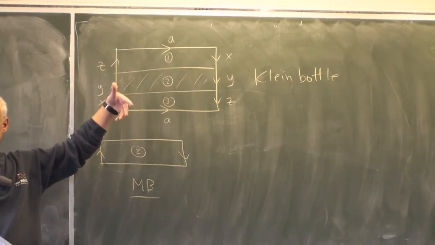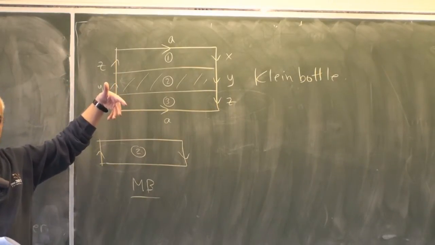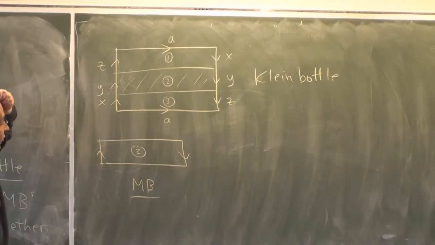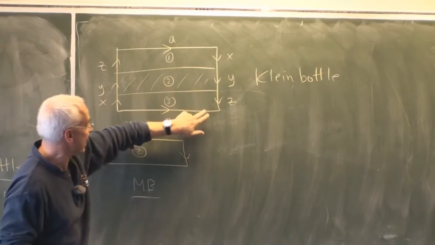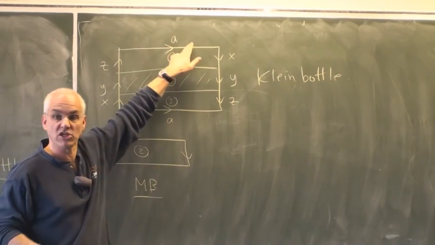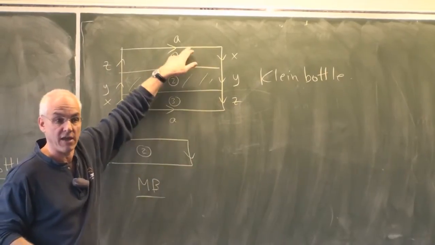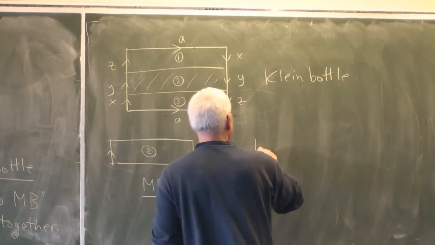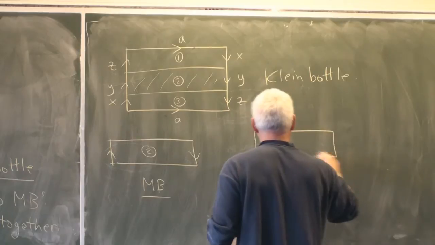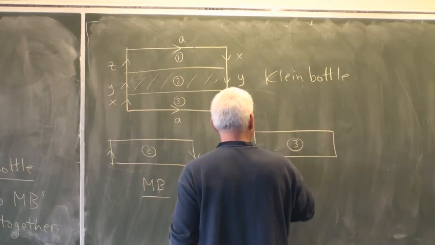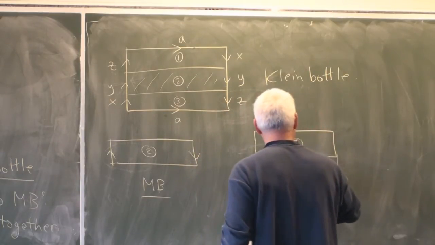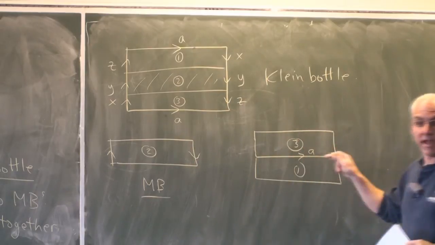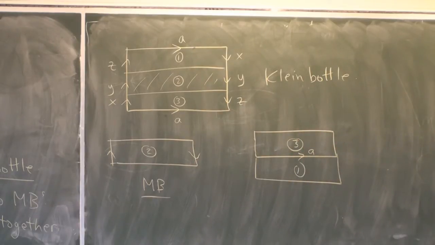Well, we have to put 1 and 3 together. And how are we supposed to do that? Well, we're supposed to glue this lower edge here to this top edge here according to the edge identification A. So we'll take our piece number 3 and put it on top of piece number 1 so that the common edge A is being glued together.